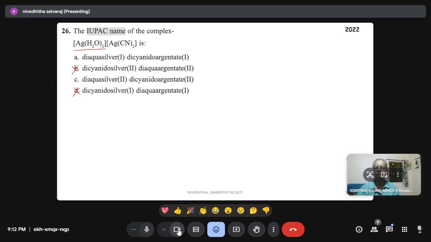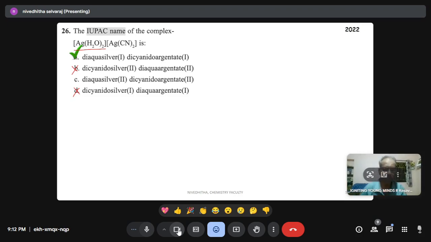And if you compare option A and option C, everything were same except for the oxidation state of silver, right? Generally, what will be the oxidation state of silver? Will it be +1 or +2? +1, ma'am. So definitely option C is wrong. Option A is right.